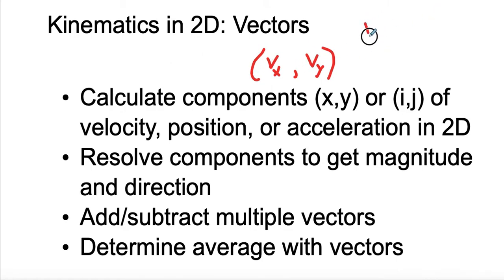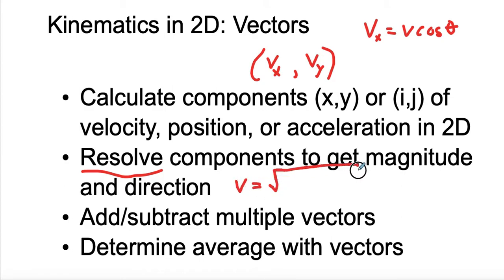The x velocity is, I'll just do this one and you can figure out the rest, your magnitude of velocity times the cosine of the angle at which it's traveling. So you have the trig identities that you're going to have to use to figure those components out. Then you will have to resolve them to bring all your x and y's back together to get a final magnitude and direction. And so your final magnitude is the square root of your x squared plus your y squared, using Pythagoras theorem.